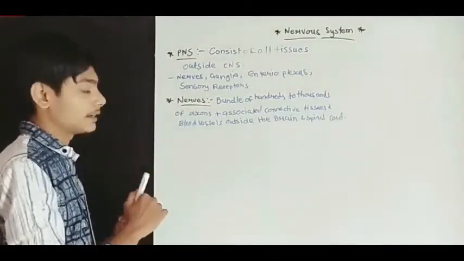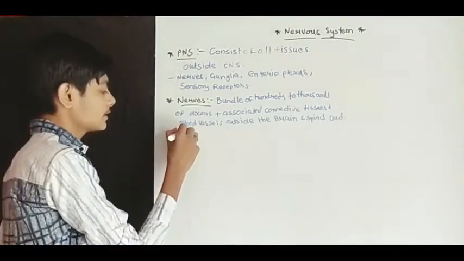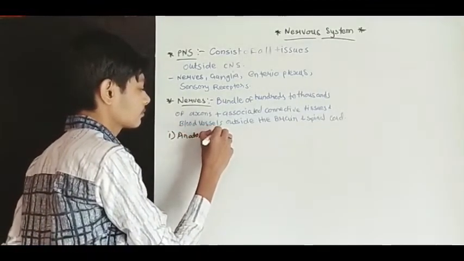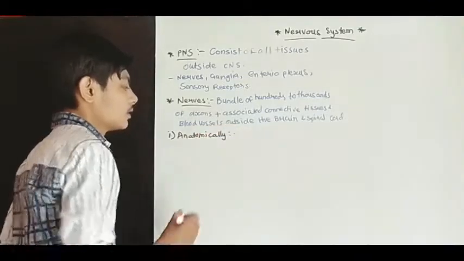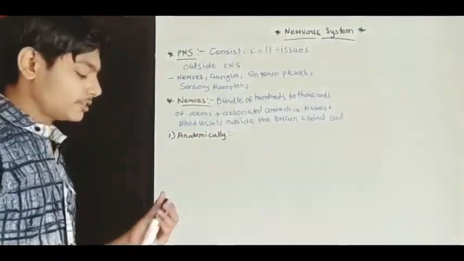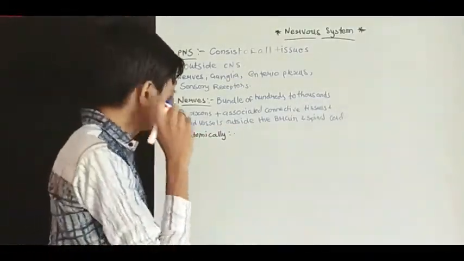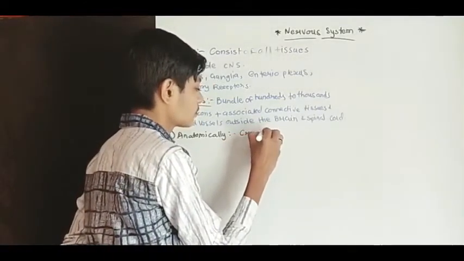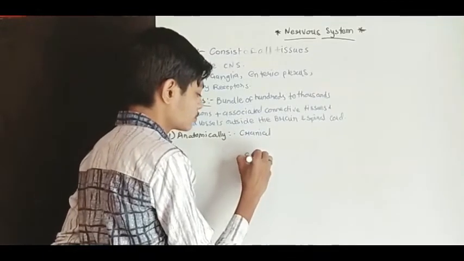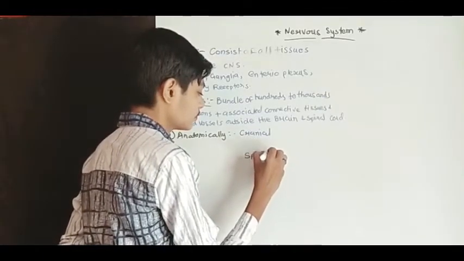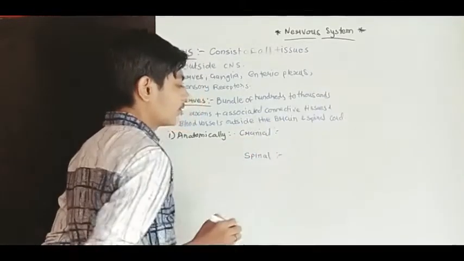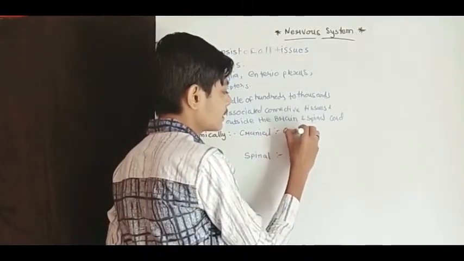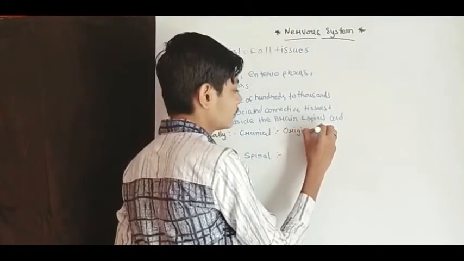With two types, nerves can be divided. The first one is anatomically. In anatomical division, it can be divided into two types, cranial nerves and the spinal nerves. Cranial nerves originate from the brain. That's why it is called cranial.